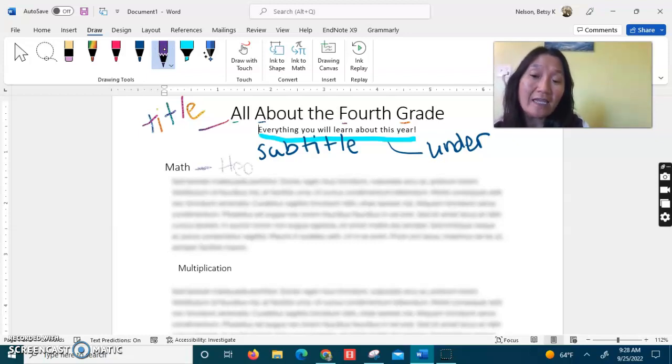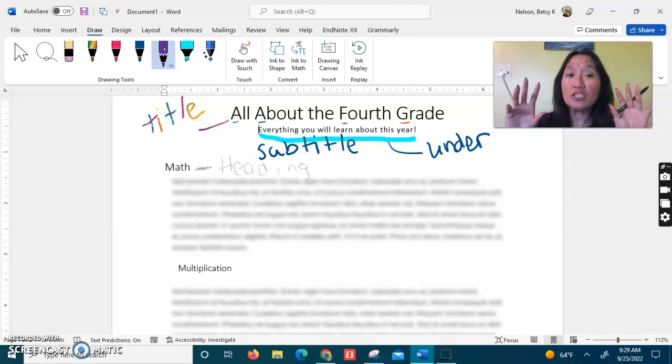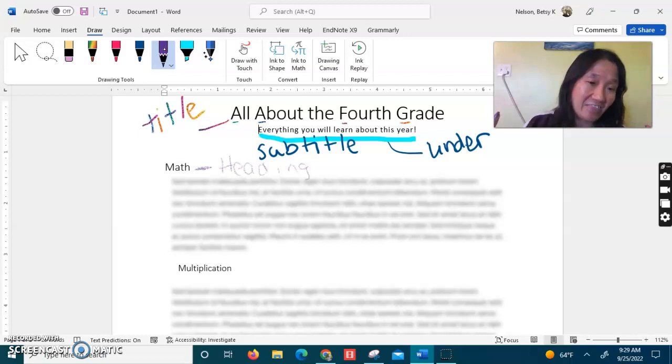This is called a heading because it is a major topic, a major topic underneath the fourth grade: math. Now we're not very specific because there's lots of math that you do in fourth grade. It's pretty general, just math. And then you talk to me about some math. That's what the writing is about.